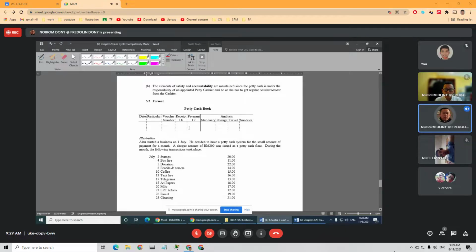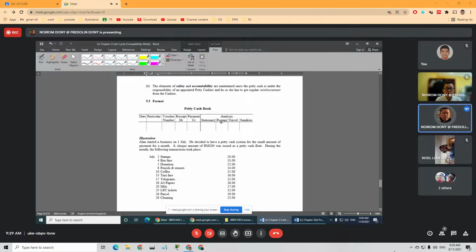After we record on the payment side, we then post into the appropriate group of expenses. Because this is a small payment, we cannot present the small payment as one item because it's insignificant. We would have too many expenses, so that's why we make it a group. We put a group name here, stationery, and anything related to stationery goes under the stationery column.